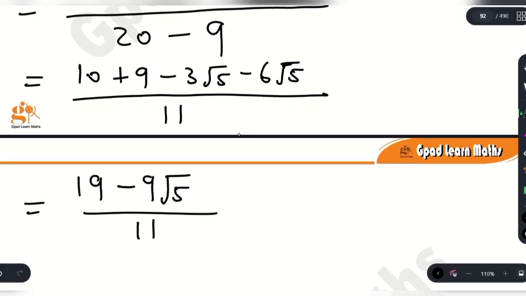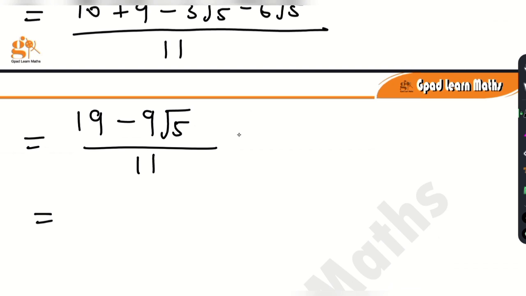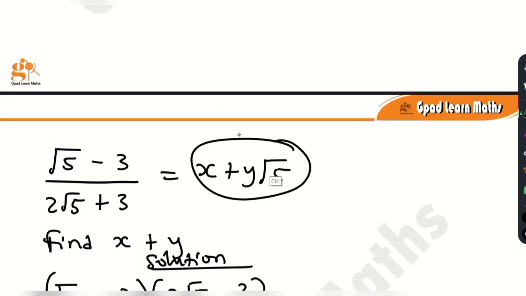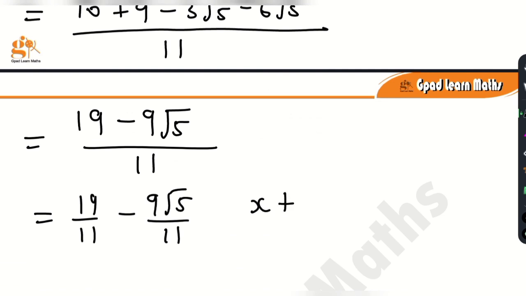So that 11 is going to be used to divide 19 and negative 9 surd 5. So that's 19 over 11 minus 9 surd 5 over 11. So when we do our comparison with what was given to us, let me show you: x plus y surd 5.